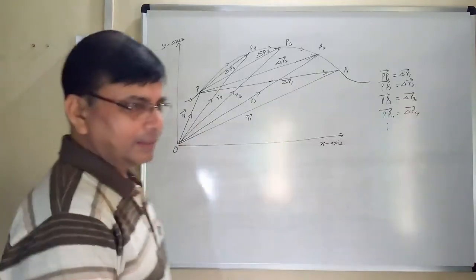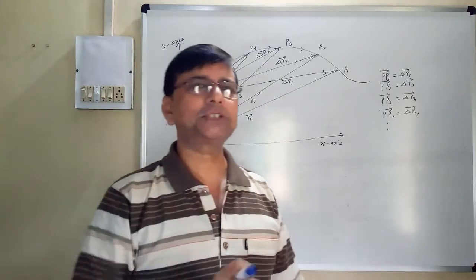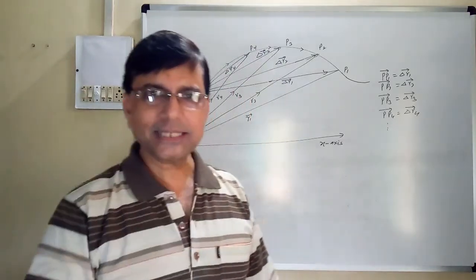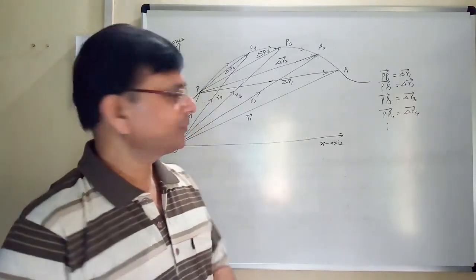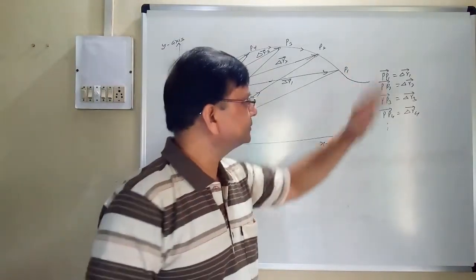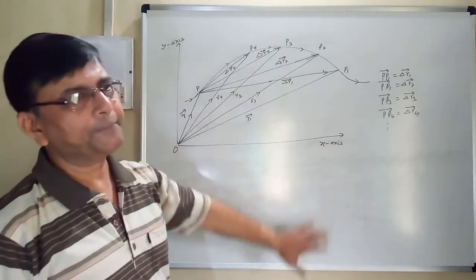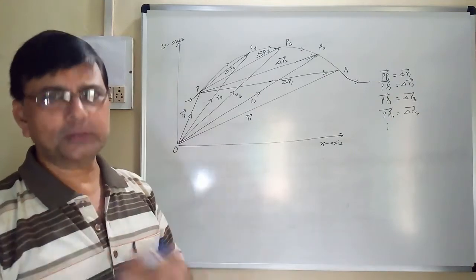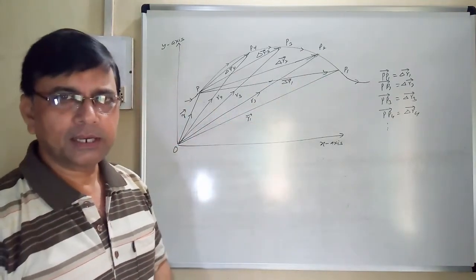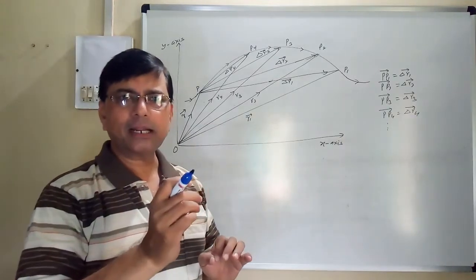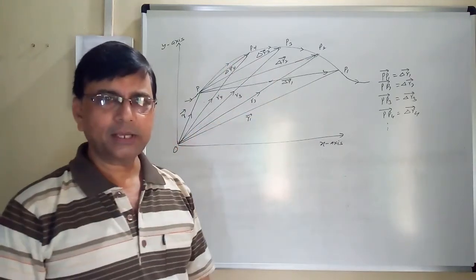Now we will look at the geometrical interpretation of instantaneous velocity. As I told you, this is the path along which the object is moving in this plane. I have selected two positions, P and P1. Between P and P1, it took some time to move from P to P1.